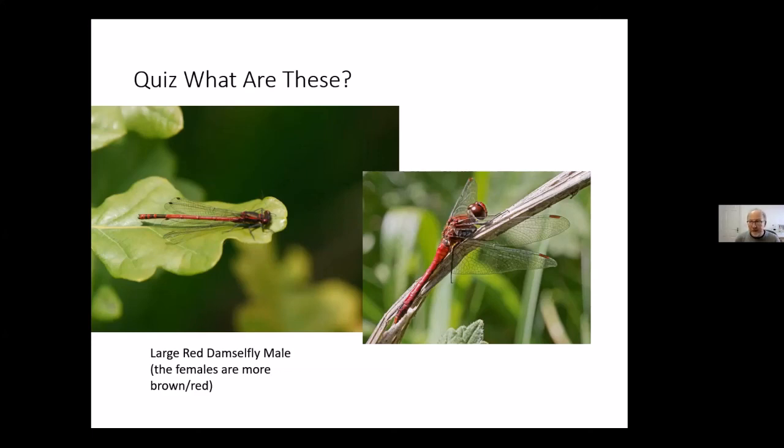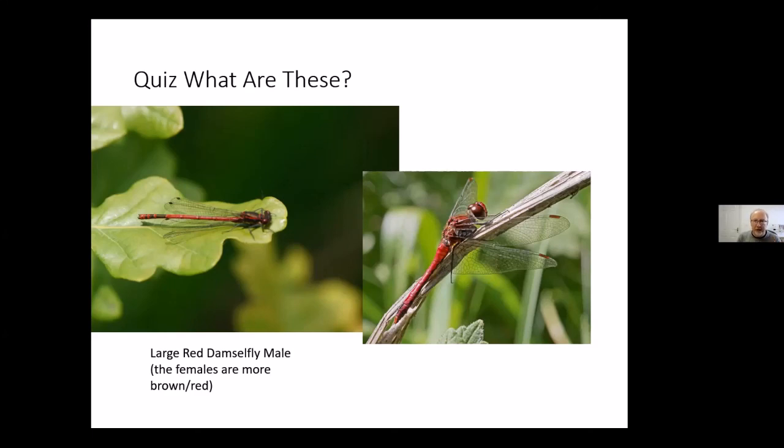So you can hopefully get a feel that actually once you've got a few tips to what to look for, particularly if you take a photograph and get a guidebook, it's very easy to identify dragonflies. As I mentioned, in 4 years, I've gone from knowing nothing to being the county recorder.